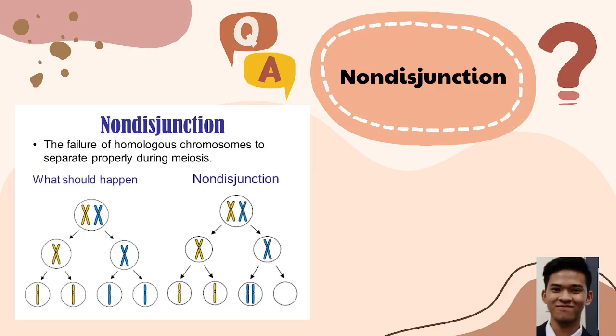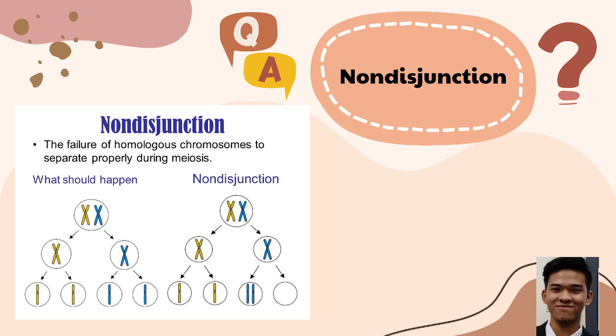Now that I have mentioned non-disjunction, we will be discussing it. What is non-disjunction? Non-disjunction is a genetic process where chromosomes fail to separate properly during cell division.